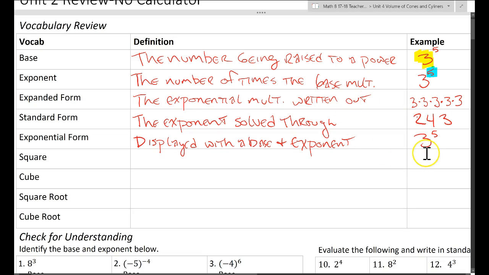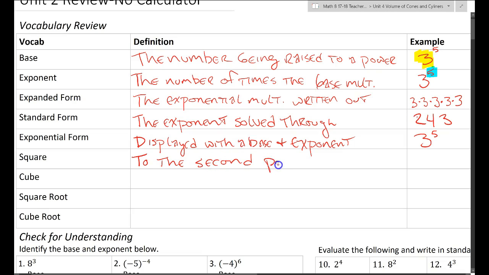That's exponential form. Now square means to the 2nd power. So let's say it's 5 squared.